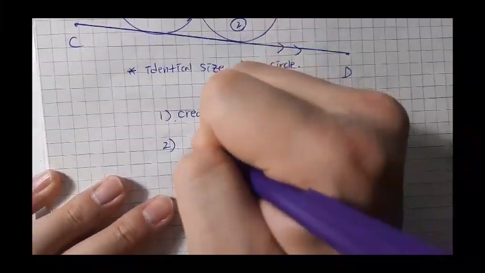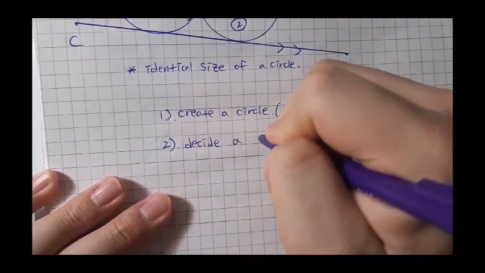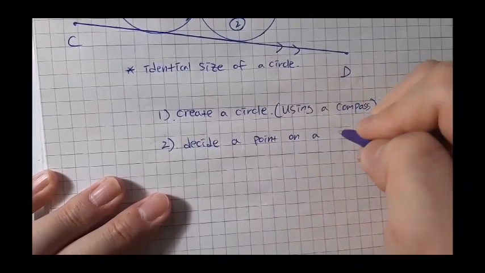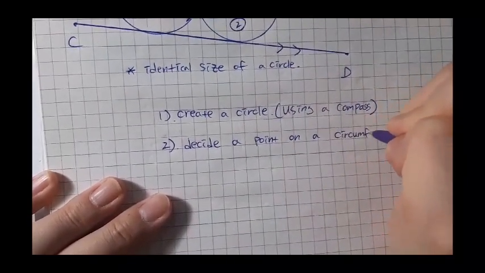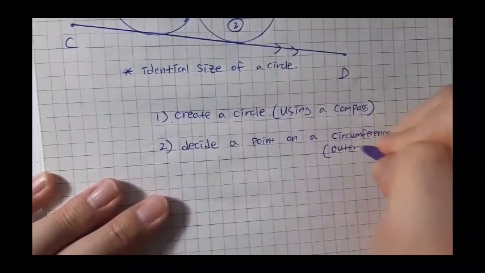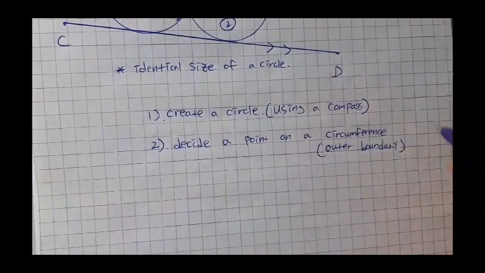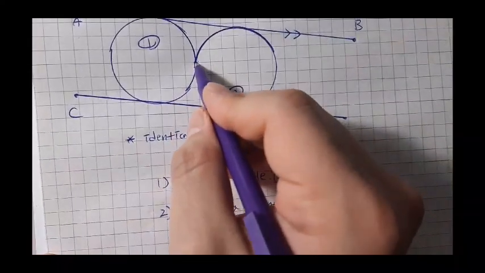Second one, decide a point on a, we use this term, circumference. That circumference is, think about it, like the outer boundary of a circle. Decide one point. In my case, I decided a point over there.